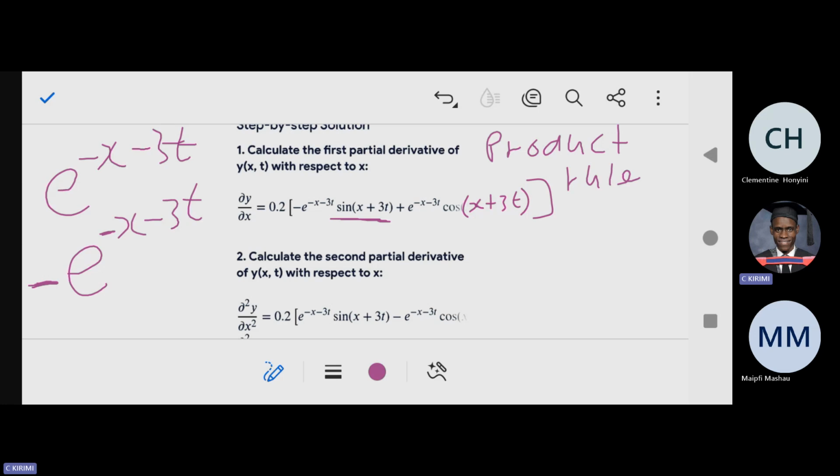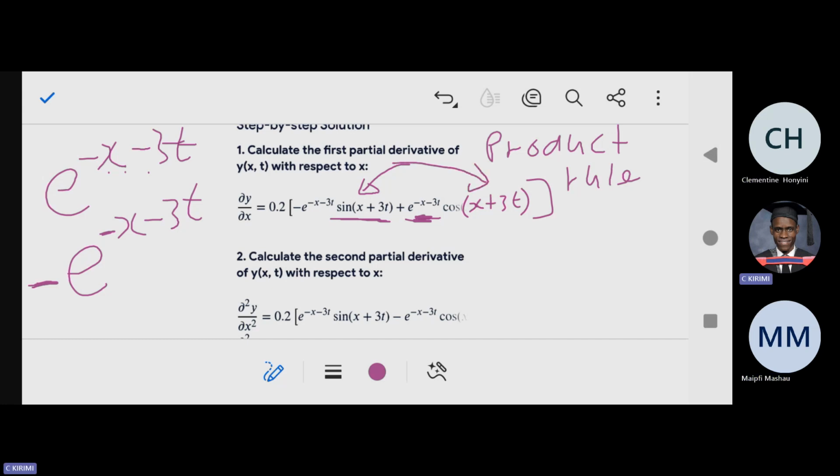Then the next step, you keep the first one that you differentiated, which was e to the power minus x minus 3t, constant. When you keep it constant, you differentiate this one. That is product rule. So now I'm going to differentiate sine x plus 3t.